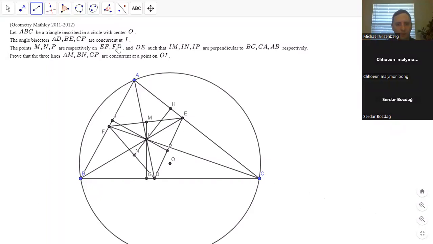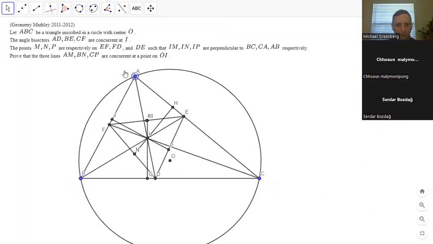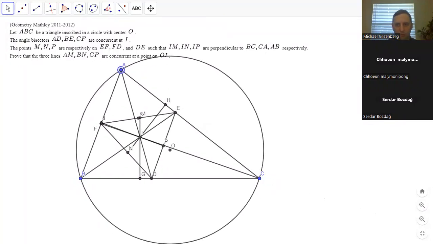It almost looks like M, N, and P are like the midpoints of those, but it's not. I doubt that's true. Yeah, it's close in this picture at least, but it is not true.